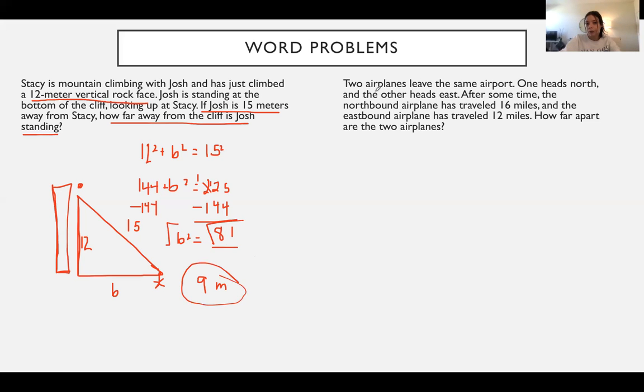And then in this question, two airplanes leave the same airport. One heads north and the other heads east. After some time, the northbound airplane has traveled 16 miles and the eastbound airplane has traveled 12 miles. How far apart are the two airplanes? So here's our airport.